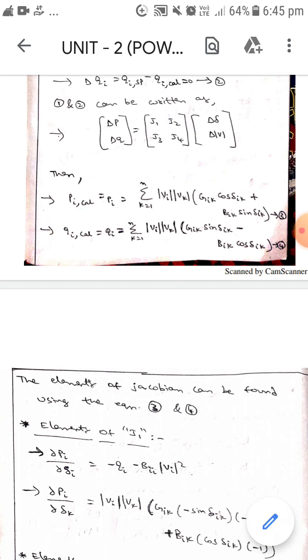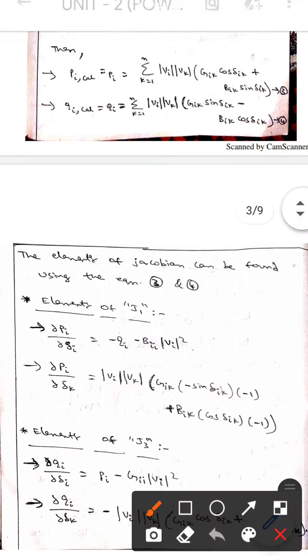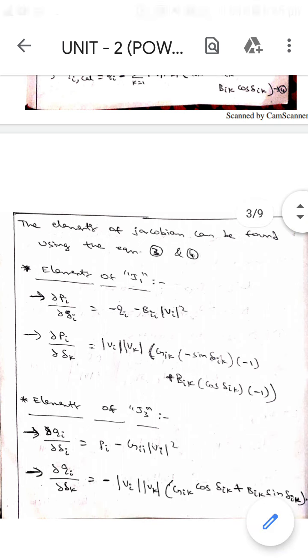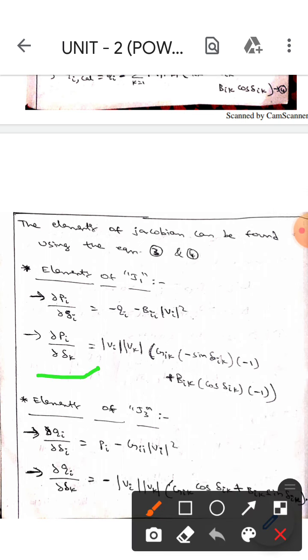Then the elements of the Jacobian matrix can be found by using these two. Here the first element of J1 is dou Pi by dou delta i, which equals minus Qi minus Bii modulus of Vi squared. Whereas we can find another element by using dou Pi by dou delta k, which equals this one.